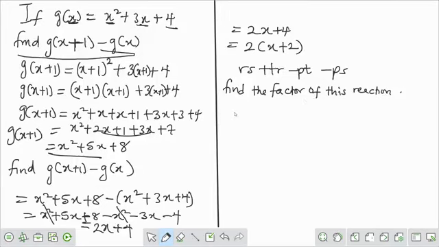Let me firstly try it now. If you look at RS plus TR, PT minus PS, which one is common between RS and TR? That is R. Between PT and PS, what is common? That is P.